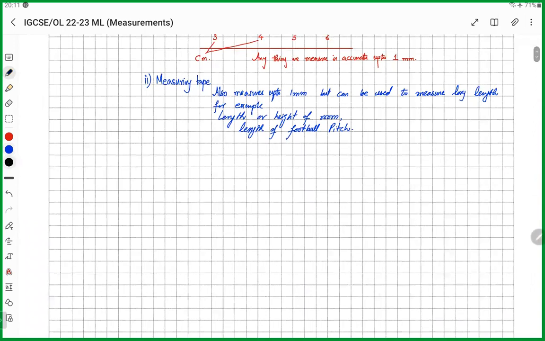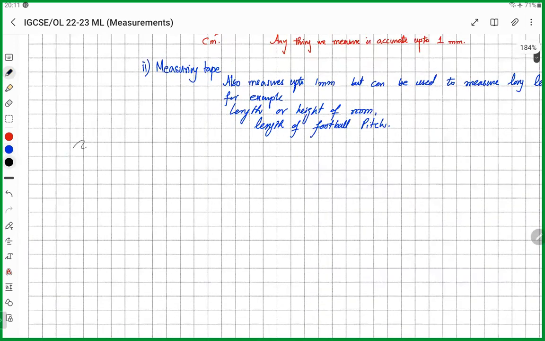Now, after the measuring tape, there is an instrument known as vernier calipers. What are vernier calipers?